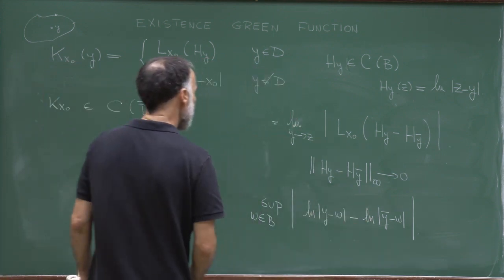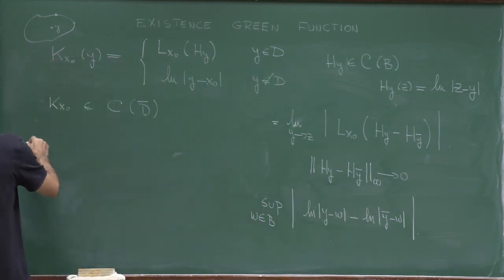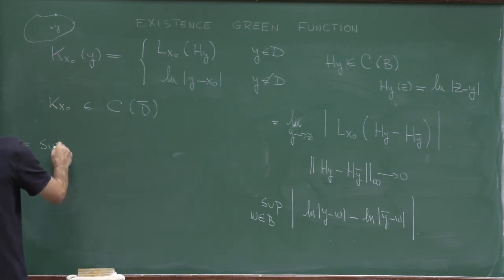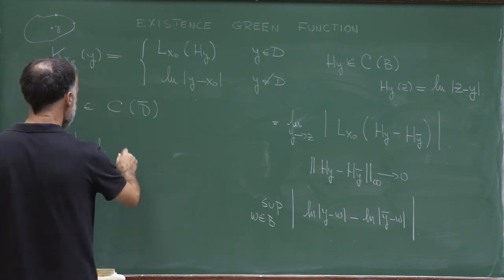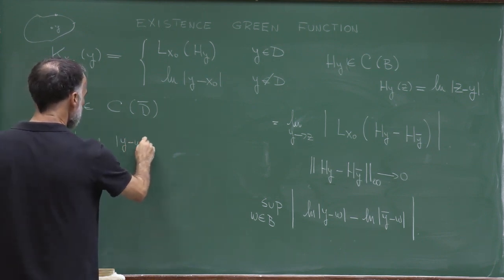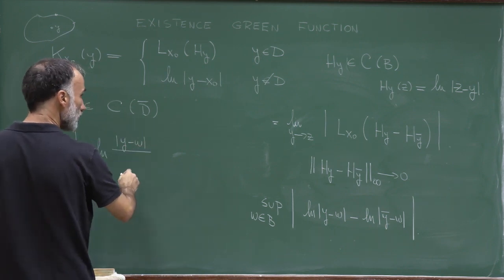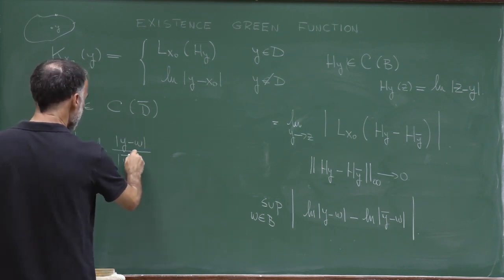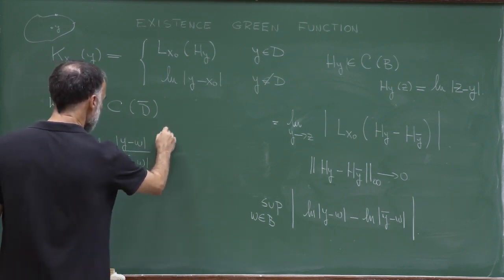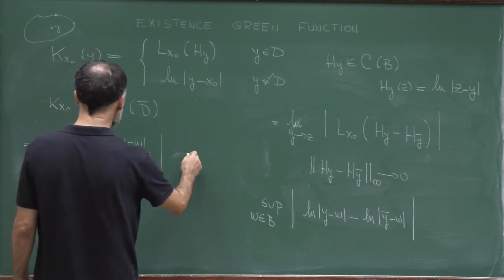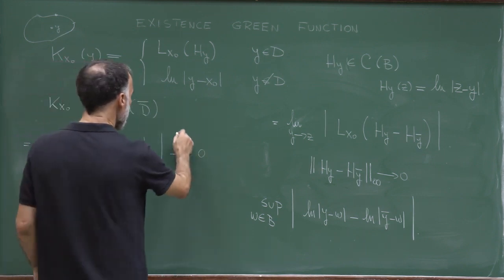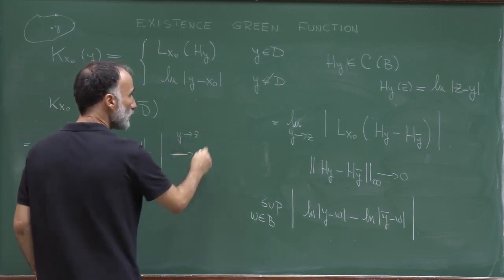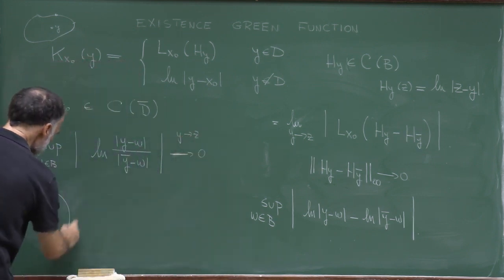Well, this is equal to the supremum for w in the boundary of the absolute value of log of |y minus w| divided by |y bar minus w|. So I want to prove that this supremum converges to 0 as y converges to z. So let me draw again the picture.